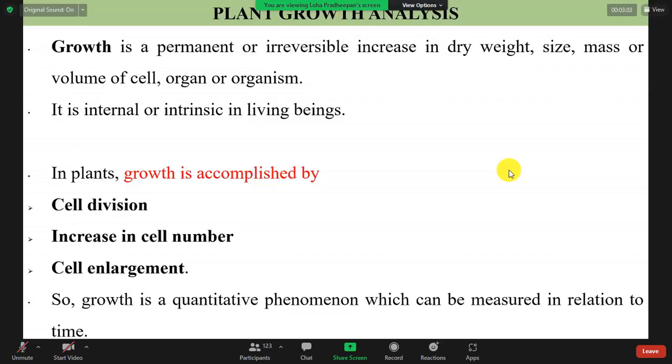So how can we identify that growth is happening?